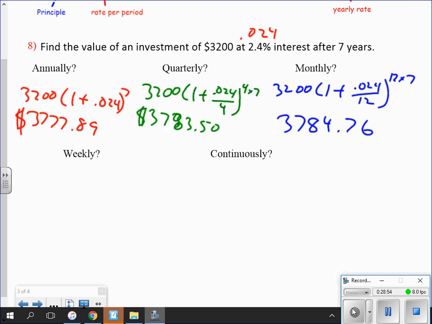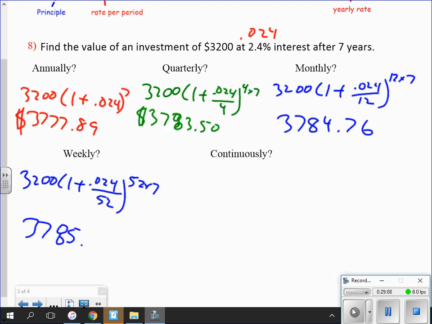When you do it weekly, 3,200 times (1 plus 0.024 over 52) to the 52 times 7th power, and you get $3,785.25, an extra 50 cents. And compounded continuously, 3,200 e to the 0.024 times 7, and you get $3,785.39. Ooh, an extra 14 more cents.